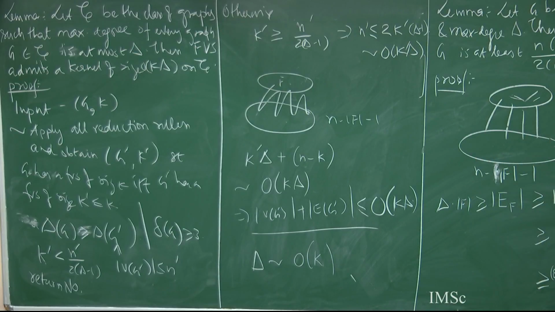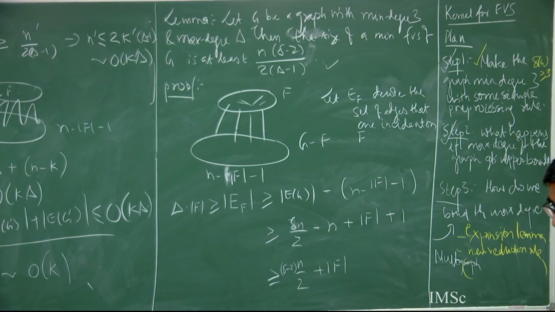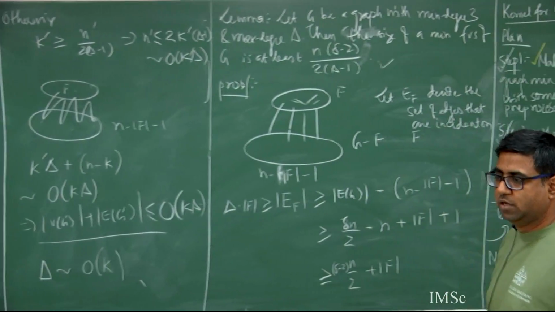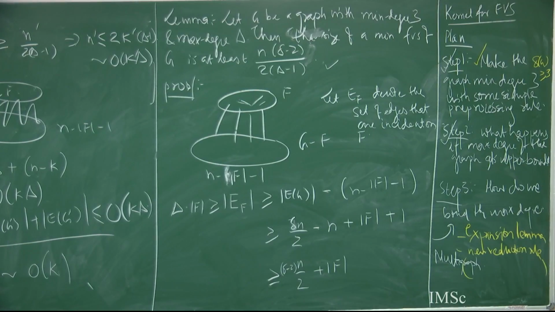Then I have got my order K squared vertex kernel for feedback vertex set, because I substitute delta equal to K and I can do this math. So the whole remaining part is about getting down the degree of the graph. Okay, all well?